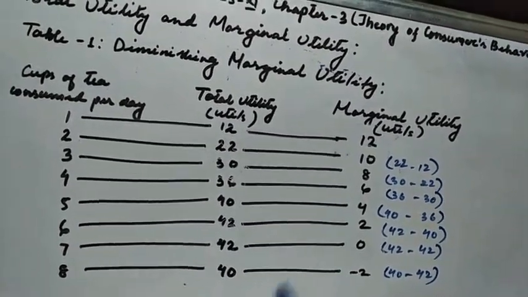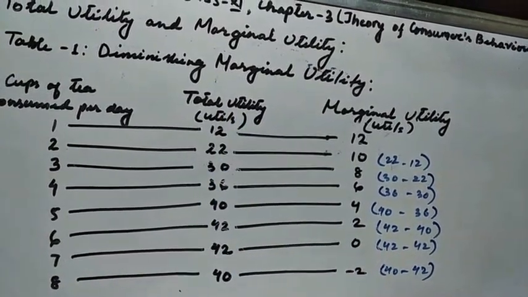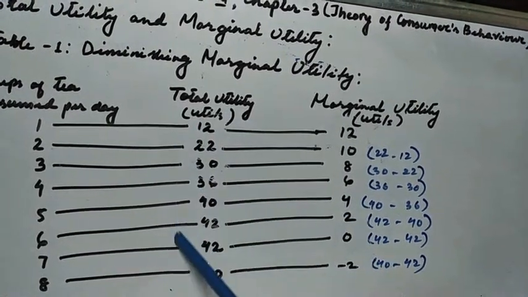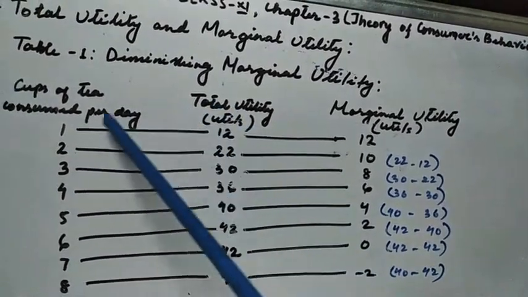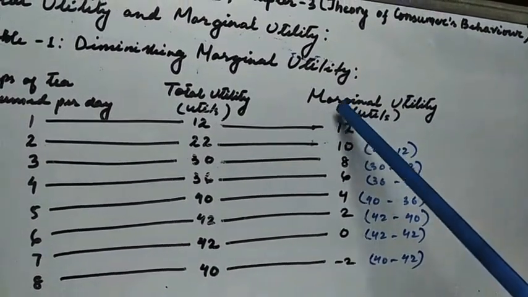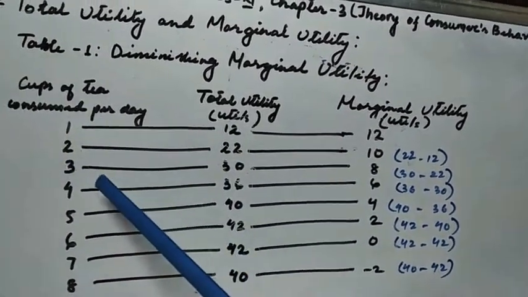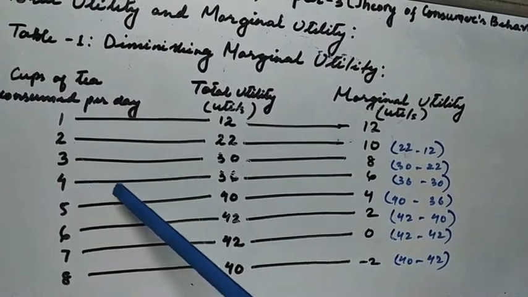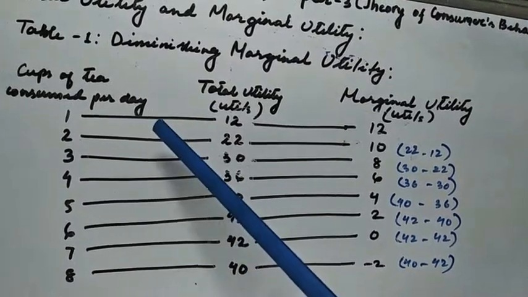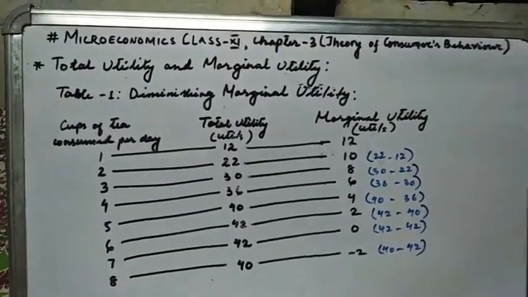Total utility is the amount of utility that you get when you sum up all the utility that you derive in consumption of these goods. But marginal utility is the additional amount of utility that you derive in consuming an additional amount of goods, keeping in mind that the other goods are held constant. That is all about total utility and marginal utility.